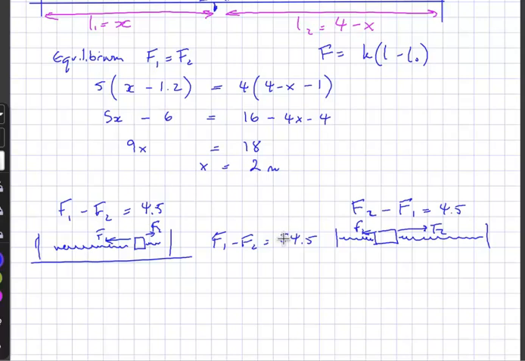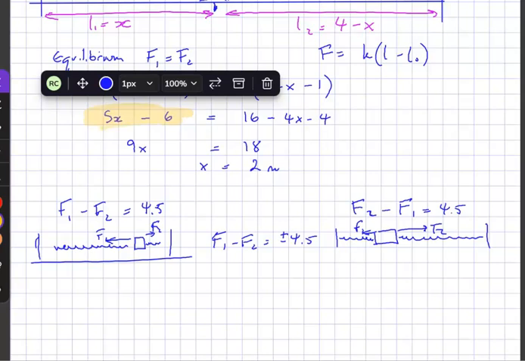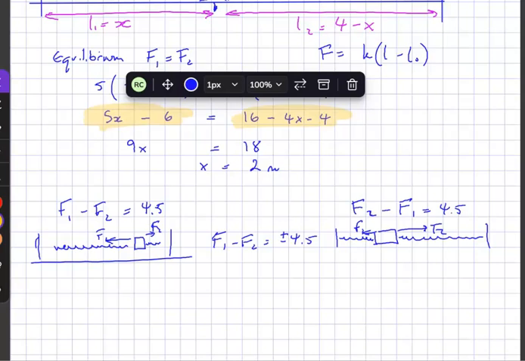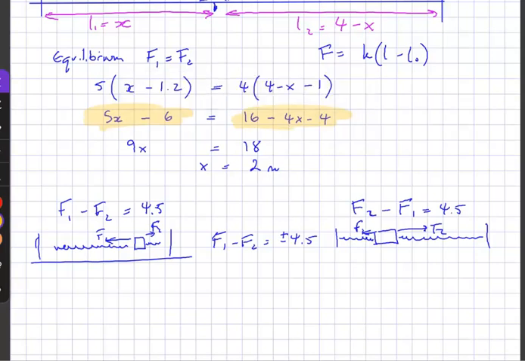F1 is 5x minus 6. F2 is 12 minus 4x. So if we subtract one from the other, we're saying that the difference between them is going to be 4.5.